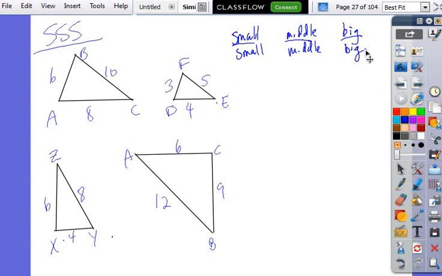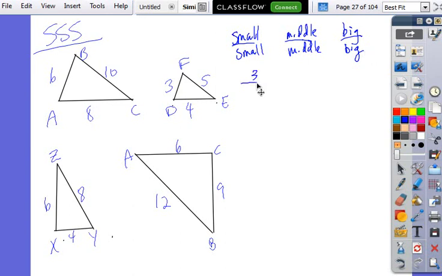Now, if we have sides and we check it to see if it works, we do need to figure out the scale factor. The easiest way to do the scale factor is this. Start with the second triangle and put those numbers in the top. So if I pick my small number in the second triangle, what is it? 3.